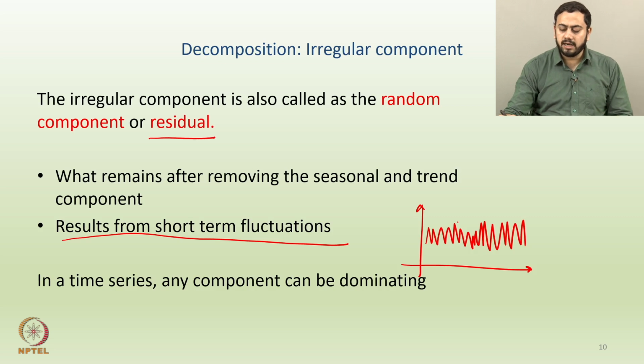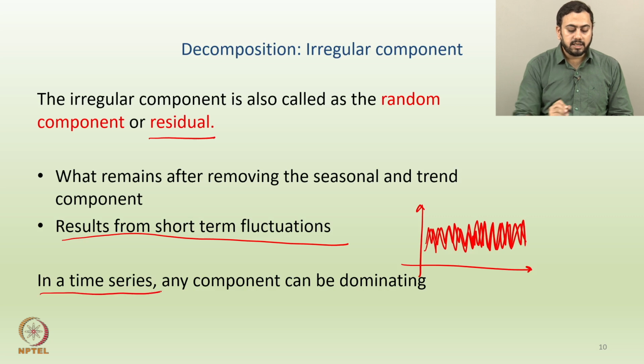So this is a completely random kind of graph. So any irregular component or random component results from short term fluctuations. All these fluctuations that you see here are short term. So there is no trend, there is no seasonality, there is no particular repetition that you see, it is completely random.